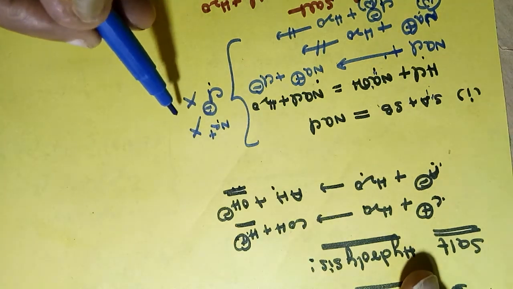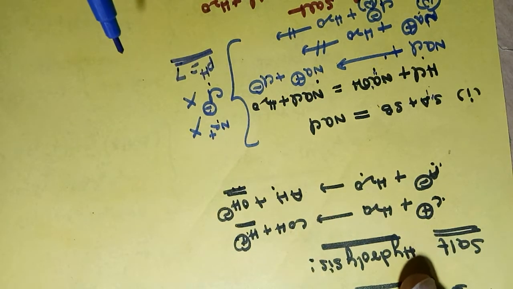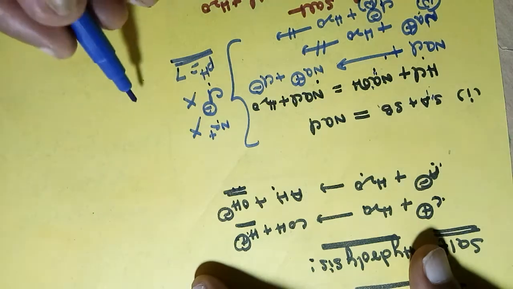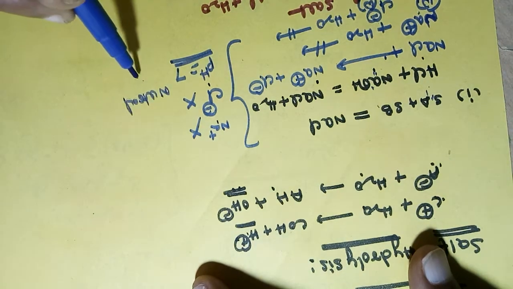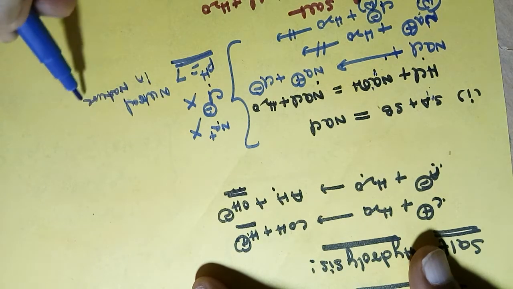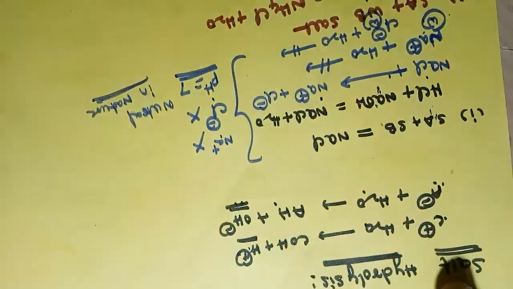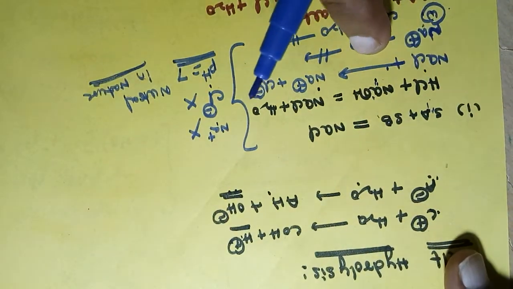Hence there is no hydrolysis, the pH value is not changed and is exactly 7. So the solution is neutral in nature. This is the hydrolysis of a strong acid strong base salt.